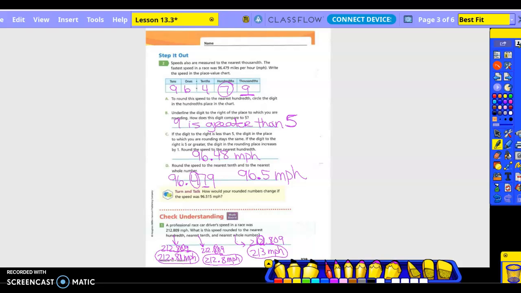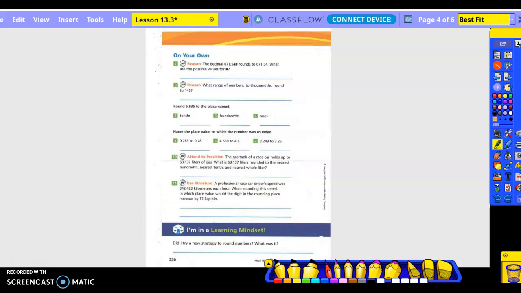Okay, so my time might run out in the middle of us recording this, but you guys would need to finish the whole page. Okay? So on your own, number 2: a decimal, 671 and 54 something, rounds to 671 and 54 hundredths. What are the possible values for the missing blank?